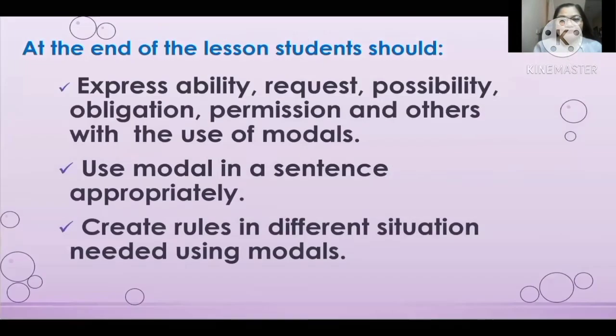But before that, at the end of the lesson, students should be able to express ability, request, possibility, obligation, permission, and others with the use of these modals. Then next, use modals in sentences appropriately. And lastly, I want you to create rules in different situations using modals.